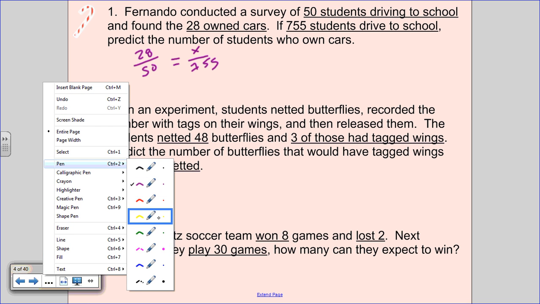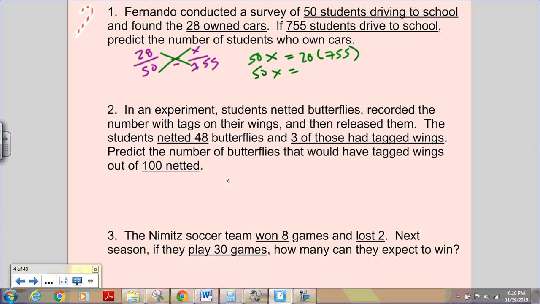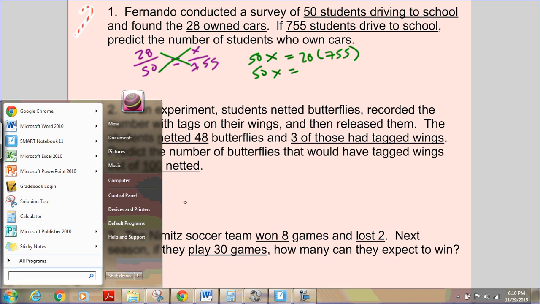When we cross multiply, we take 50 times x, which gives us 50x, and set it equal to the product of 28 times 755. So it'd be 50x is equal to, let me grab my handy dandy calculator.